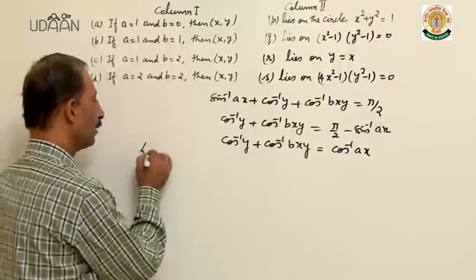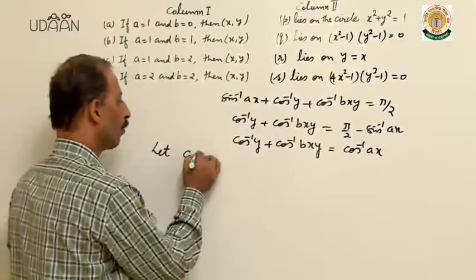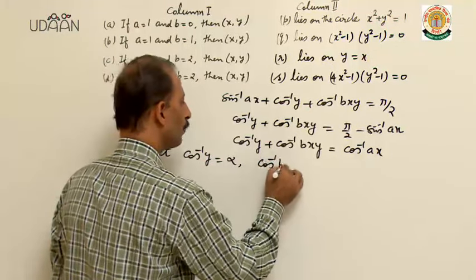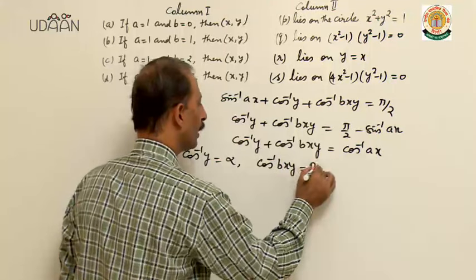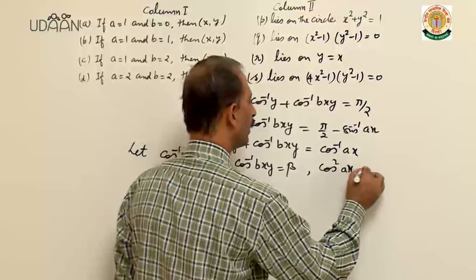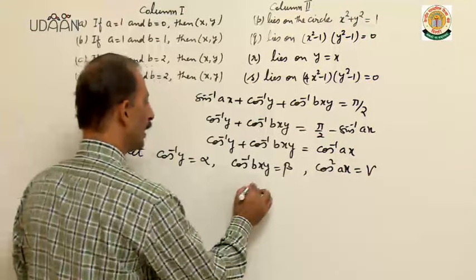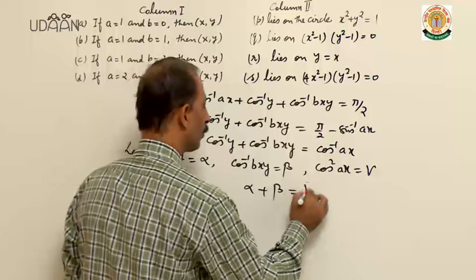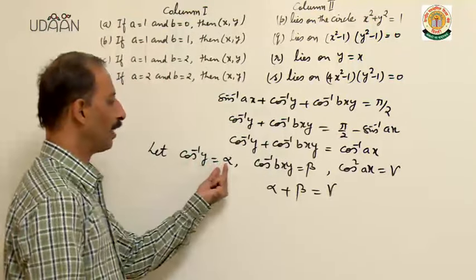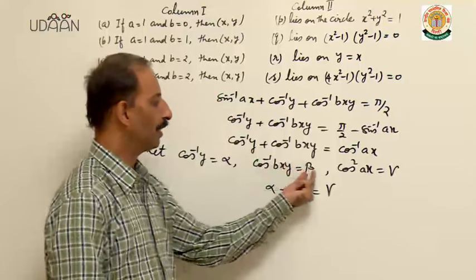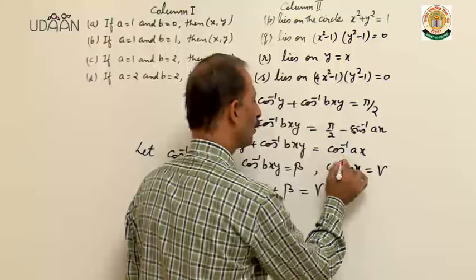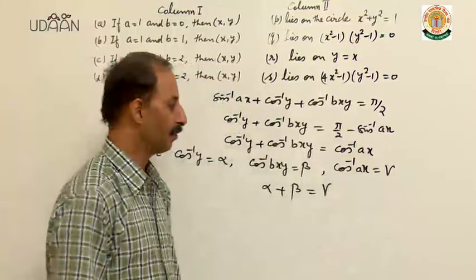I am supposing cos inverse y as alpha, cos inverse bxy as beta and cos inverse ax as gamma. So I can say alpha plus beta is equal to gamma. And you already know cos alpha is y, cos beta is bxy and cos gamma is ax.